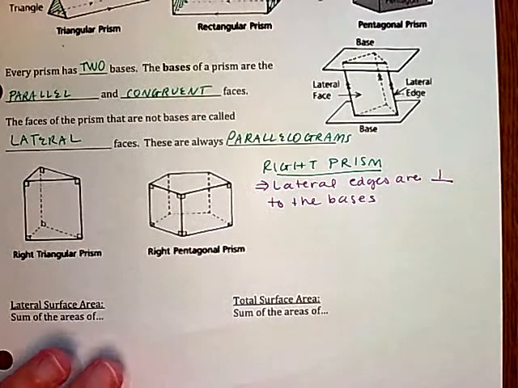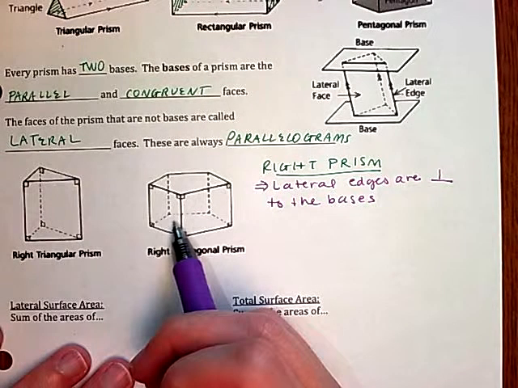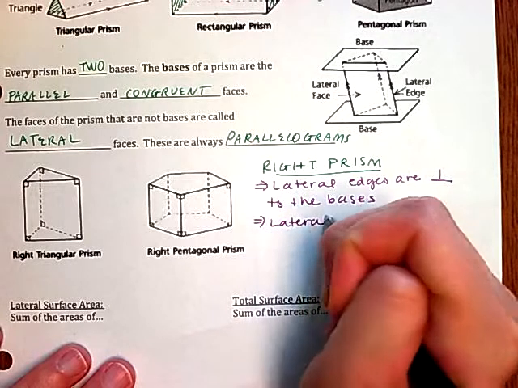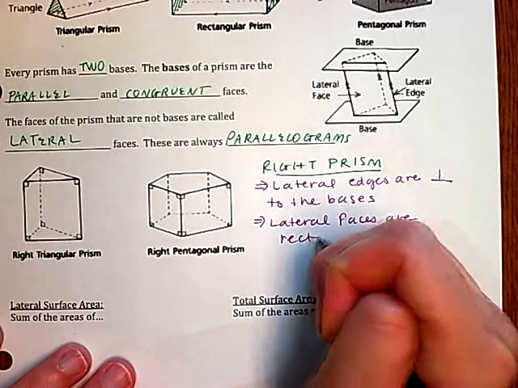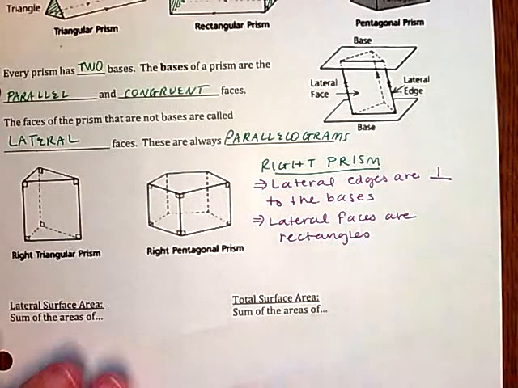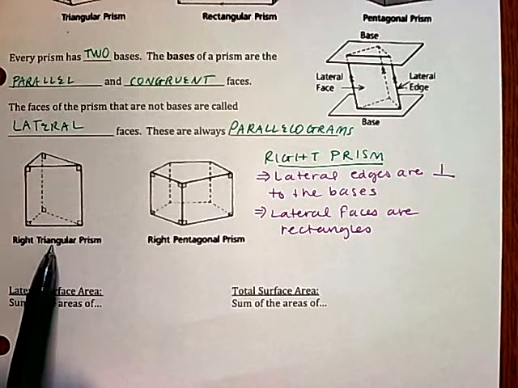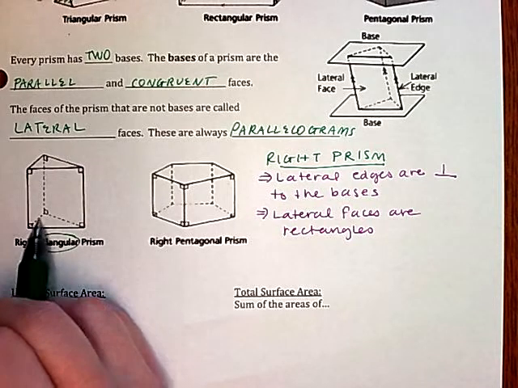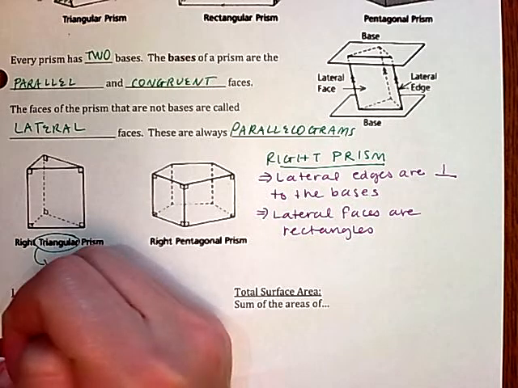And the other thing that's nice about right prisms is that all of the lateral faces are rectangles. Now, one quick note I want to make is that when we say a right triangular prism, that triangular base is not necessarily a right triangle, okay?